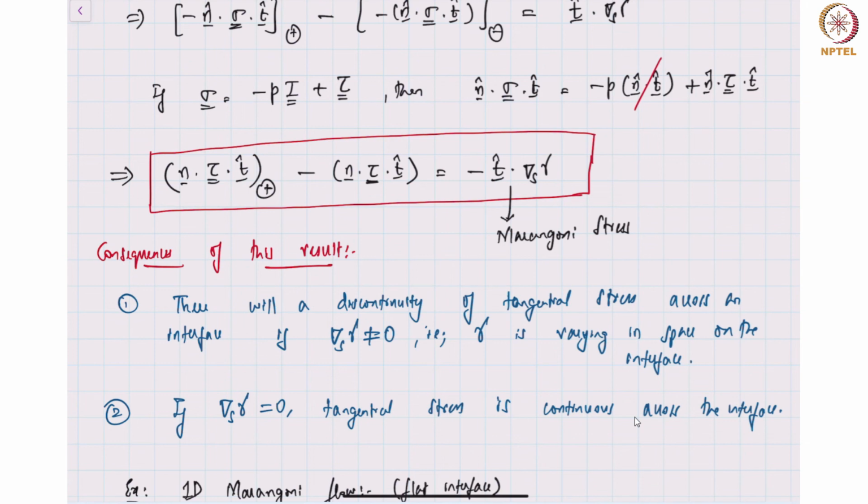This is because of gradients in surface tension. Note that gradients in surface tension can come from temperature gradients, or from surfactant gradients. You can also have Marangoni effects when you have a mixture of two fluids with different surface tension. For example, if I have a mixture of alcohol and water, alcohol is more volatile than water, and at the same time the surface tension of water is more than alcohol.